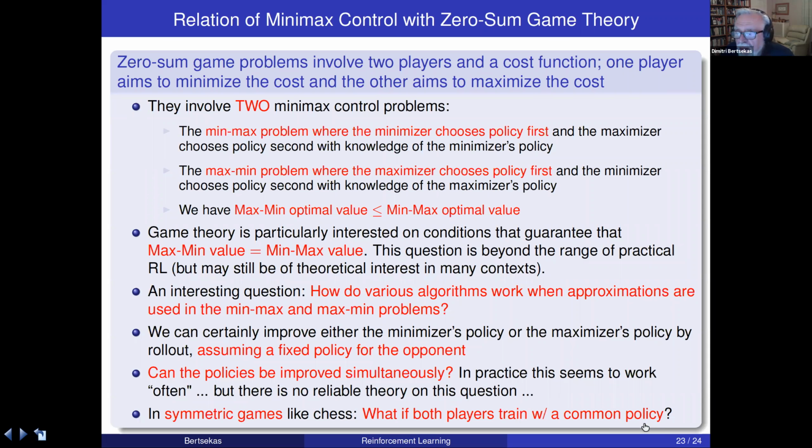That's certainly an algorithm that looks good, and in fact has worked spectacularly well, but there's no theory about it. Not theory as an approximation, in terms of approximate dynamic programming, and very little theory even if you do exact calculations, which you cannot do, exact policy iteration. But for the type of algorithm that's used in AlphaZero, there's no theory really, because the players are simultaneously changing their policies. One does not stay still while the other one improves.